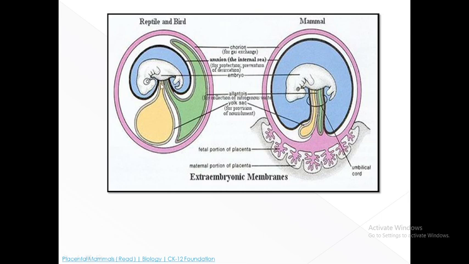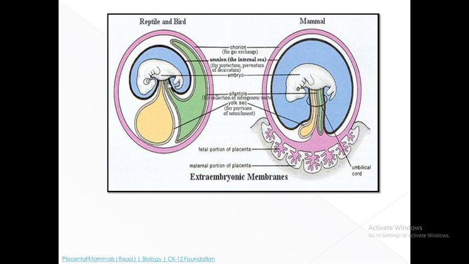Then another extra embryonic membrane emerges from the midgut region and surrounds the yolk which is present in that particular type of egg. That membrane which surrounds the yolk is called the yolk sac, which carries the nutrients required for the development of the embryo.